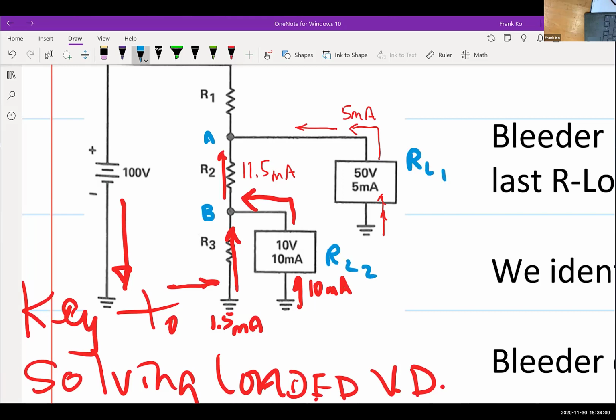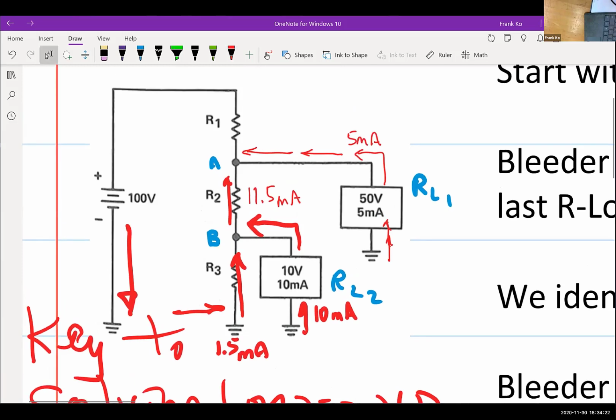So through RL1, I've got 5 milliamps. What happens when this 5 milliamps flows into node A and the 11.5 milliamps flows into node A? What do you think is going to happen in node A? They're going to combine. And what do they combine to become? If you do the math in your head, 16.5 milliamps? Does that seem reasonable? 16.5 milliamps.